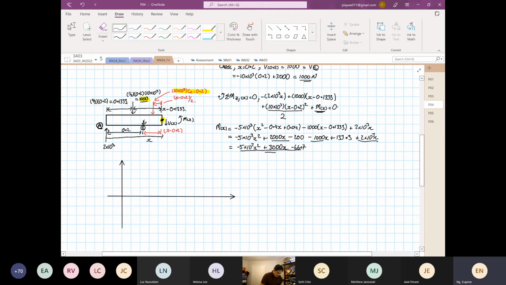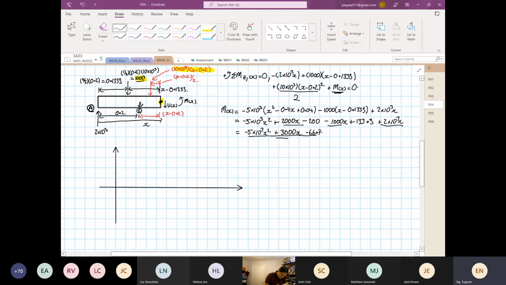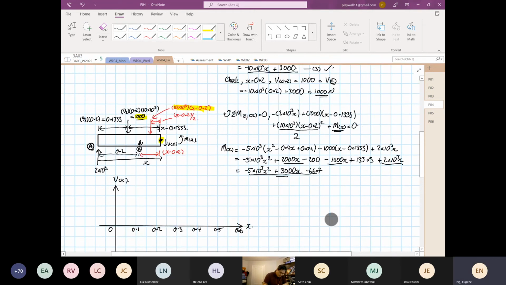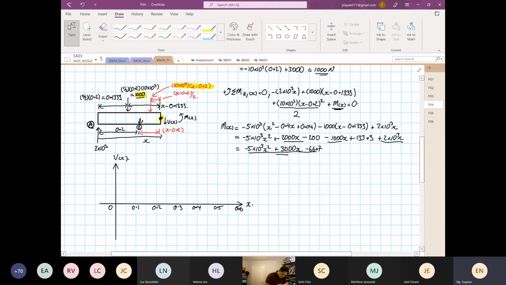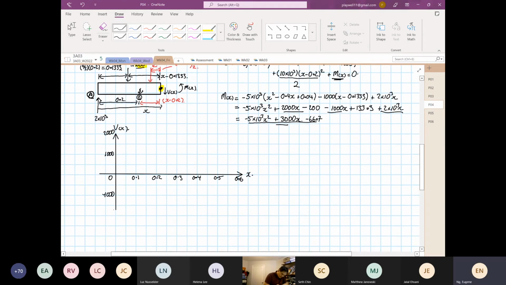Okay, so this is 0, 0.1, 0.2, 0.3, 0.4, 0.5, 0.6. So this is our x. This is b. So the maximum value we found was 2000. So this is our 1000. This is our 2000. Okay, this is our minus 1000. And then we have our minus 2000 down here.